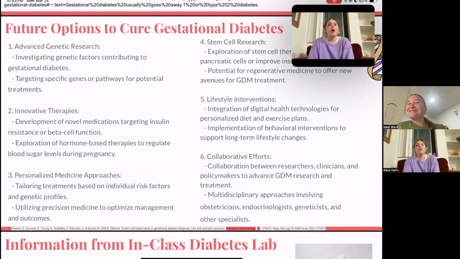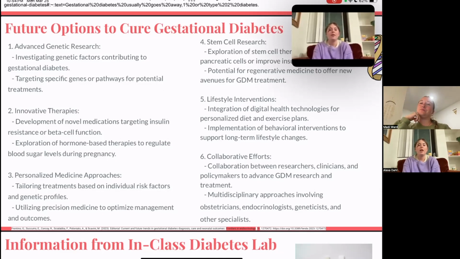Future options to cure gestational diabetes include advanced genetic research, investigating genetic factors contributing to gestational diabetes, target specific genes or pathways for potential treatments.